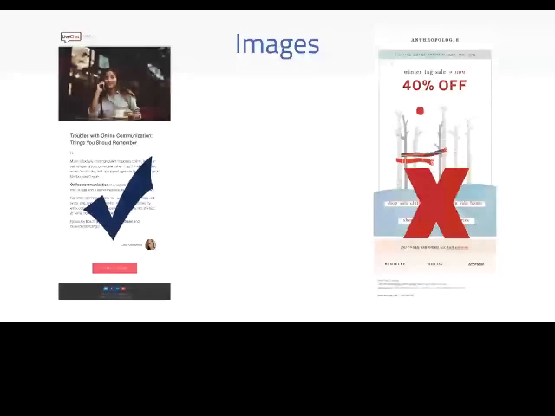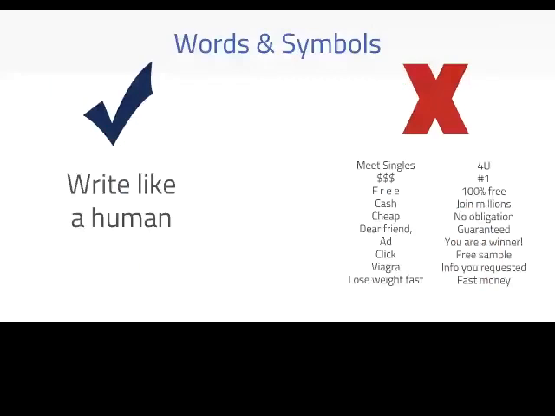Words and symbols. This one seems kind of obvious, but going through Mailgun logs like I do quite frequently, I'll see words that just don't belong in a message. Free can be used sometimes, but what I recommend is giving a subject line that's clear and simple, and make the content of the actual message something that is beneficial, that will get the customer through to your website.